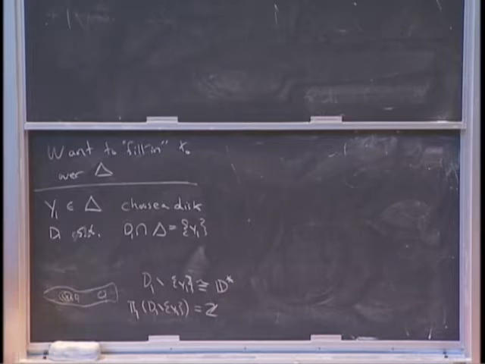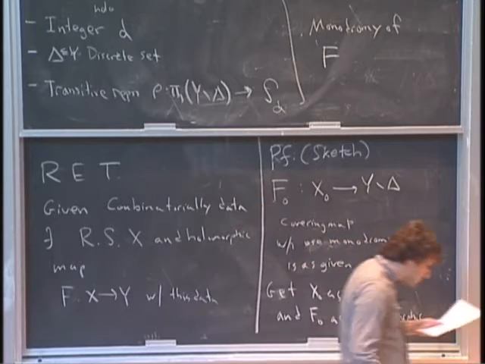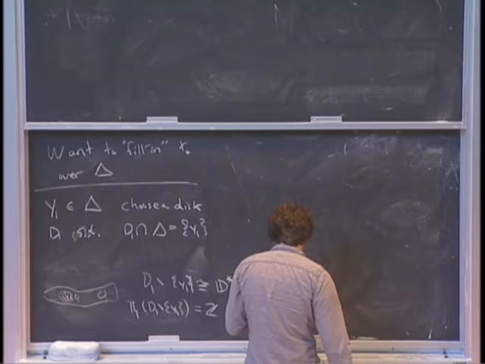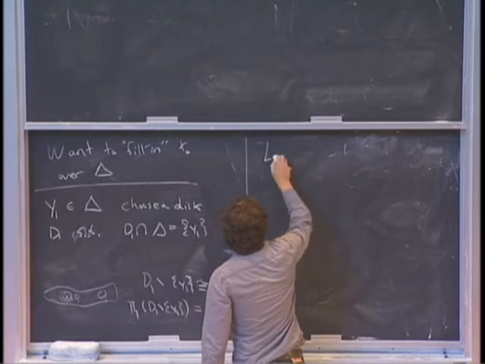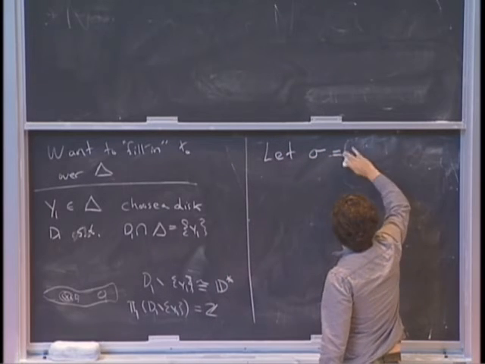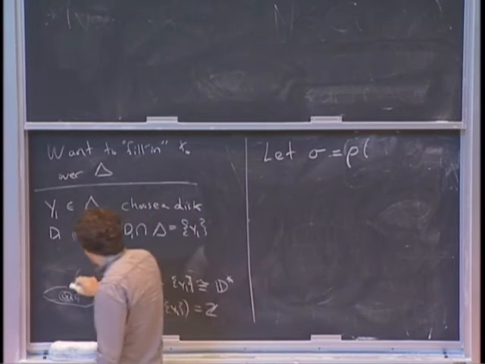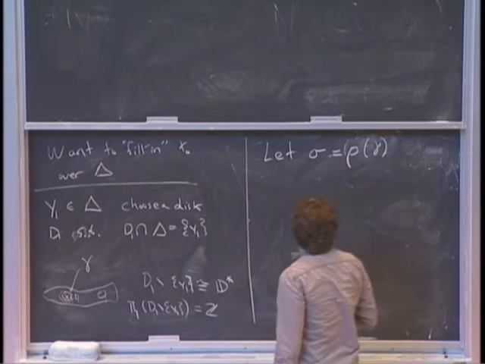Okay, so now what we want to do is to figure out what's going on upstairs in X0 using this representation. So let's call this generator here gamma, and let sigma be equal to rho of gamma.